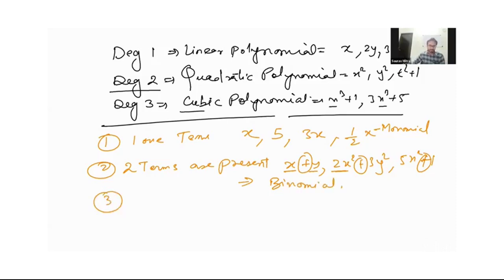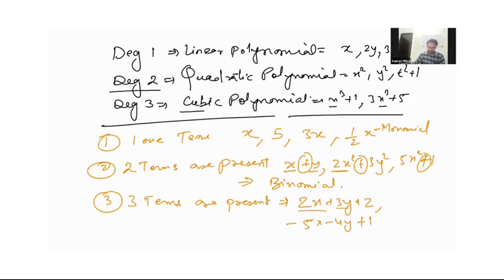And if the expression has three terms, we call it trinomial. For example, 2x plus 3y plus z, or 5x minus 4y plus 1.